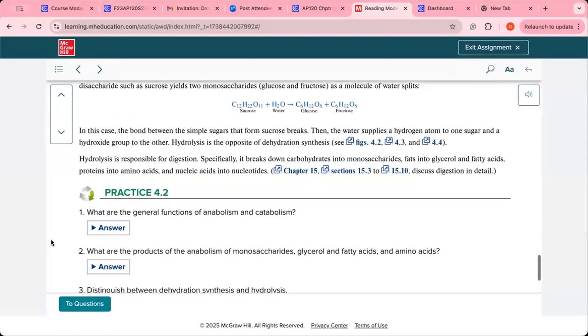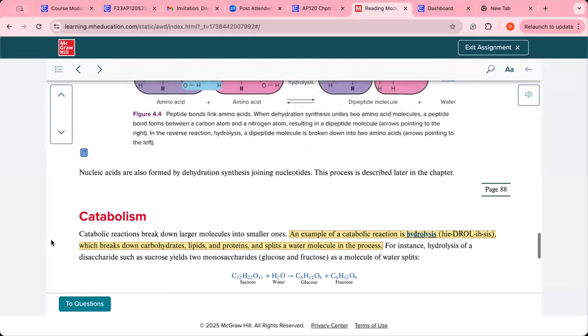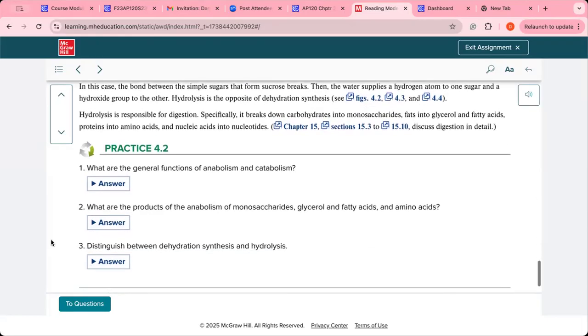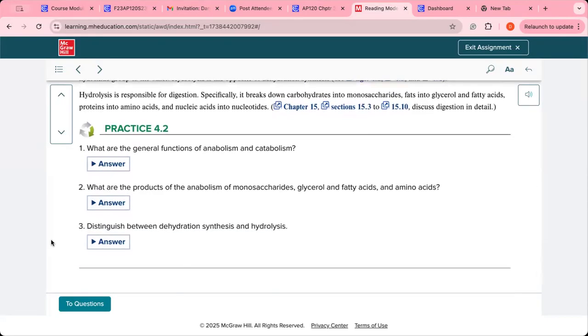In this case, the bond between the simple sugars that form sucrose breaks. Hydrolysis is responsible for digestion. Okay, keep going.